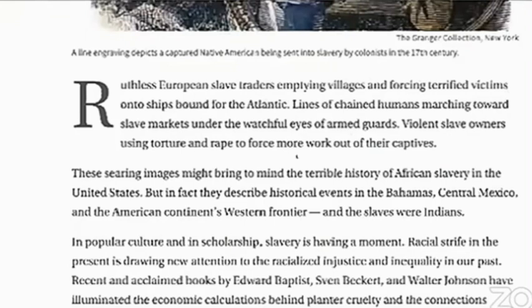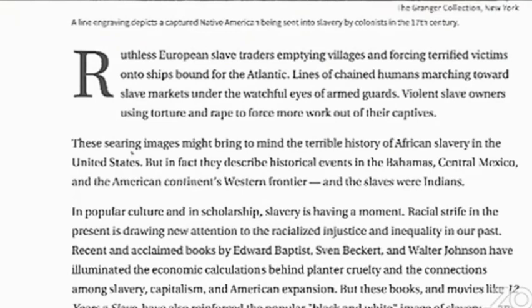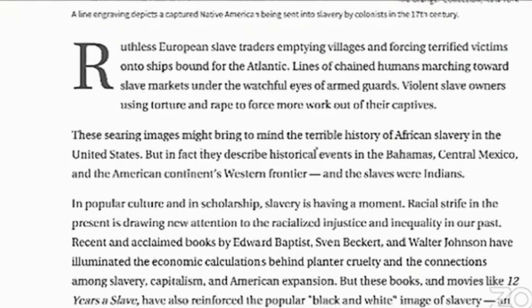Violent slave owners using torture and rape to force more work out of their captives. These searing images might bring to mind the terrible history of African slavery in the United States. But in fact," listen to this, my people, "they describe historical events in the Bahamas, Central Mexico, and the American continent's western frontier. And the slaves were Indians, not African."